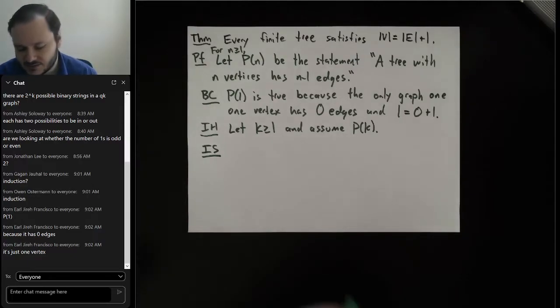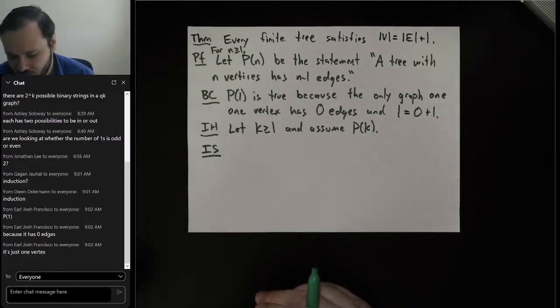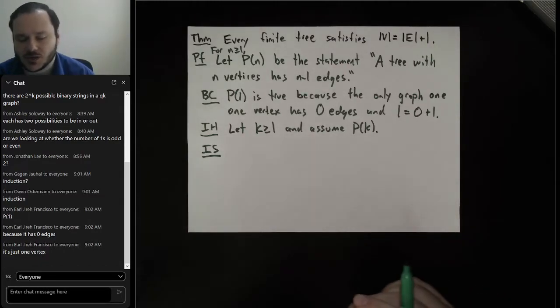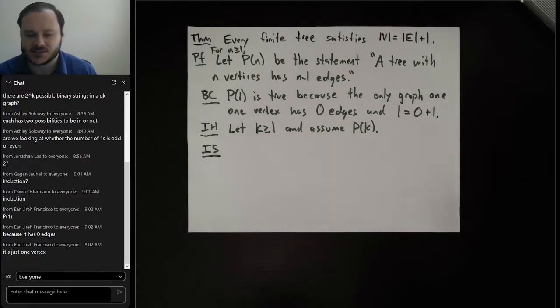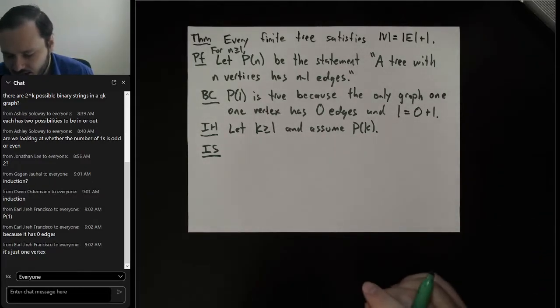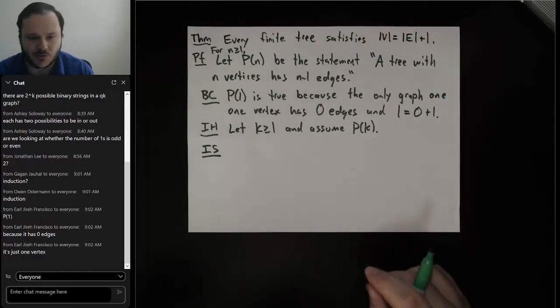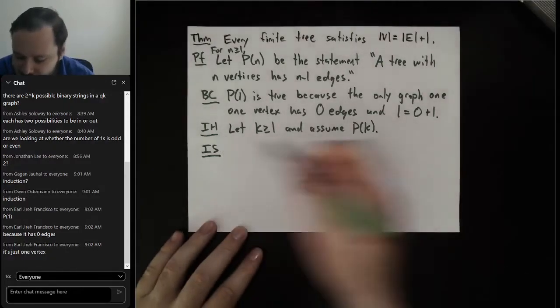What I have in my induction step is any tree. I need P of k plus 1 to be true, which means I have some tree that has k plus 1 vertices. I don't know anything about this tree.